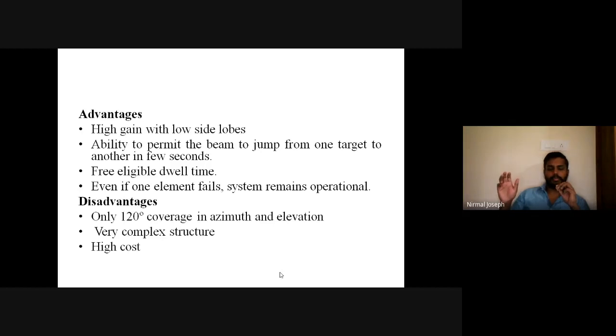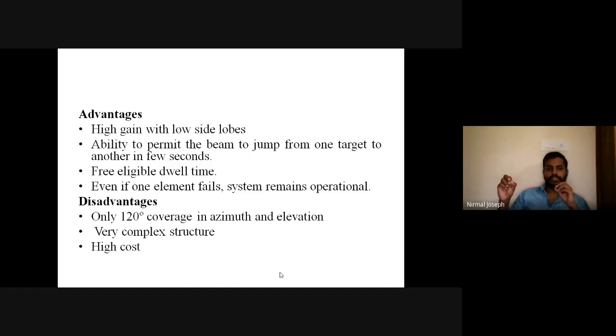The dwelling time of the beam is free, there are no restrictions, because for that particular duration we just feed the elements with a particular phase shift. That is possible by the use of phase shifters. There is no other quantity defining this beam steering, so free dwell time is possible.